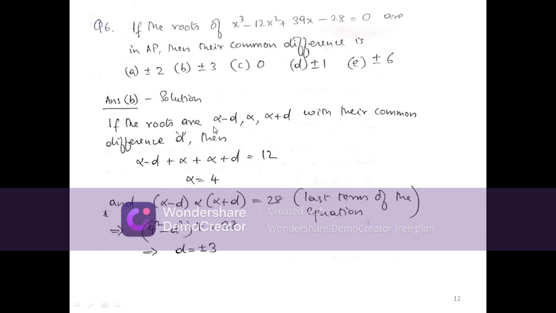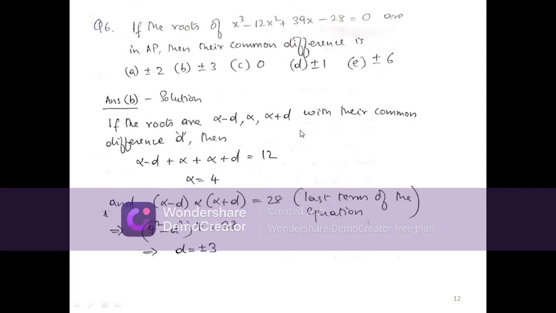Alpha minus d is the first term, and alpha plus d is the third term, where d is the common difference. So alpha minus d, alpha and alpha plus d are the roots of the equation in arithmetic progression with common difference d.